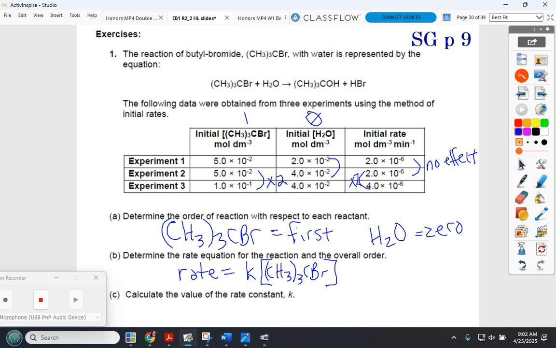Now that we have a rate equation, we figured out the exponents, and we figured out that we don't even have to include the water at all. Now we can solve for K, right? So you're going to pick an experiment, if you haven't done this already. You're going to use the data in that row to solve for K. So you've got concentration here, you've got rate here, solve for K. So go ahead and do that right now if you haven't already.